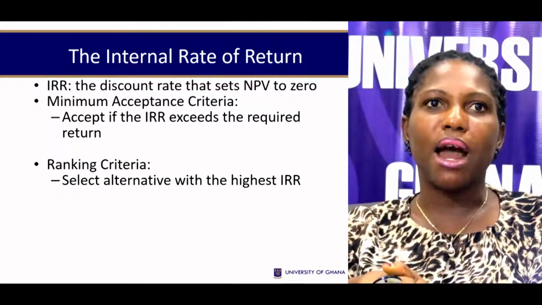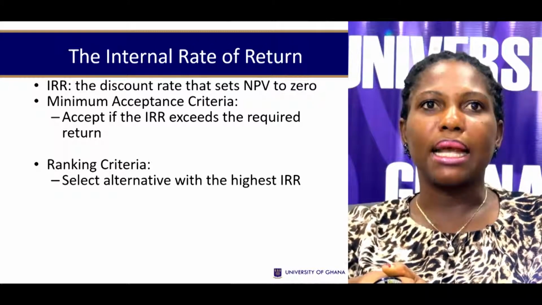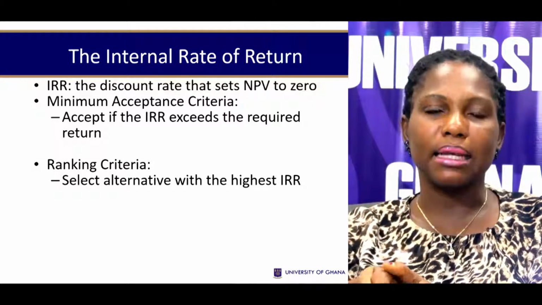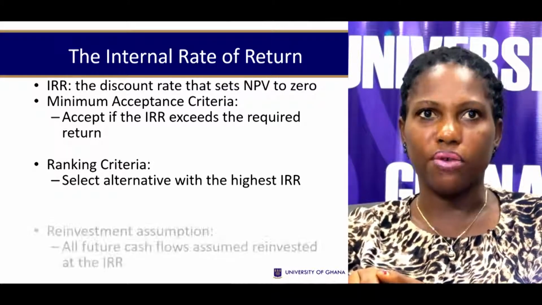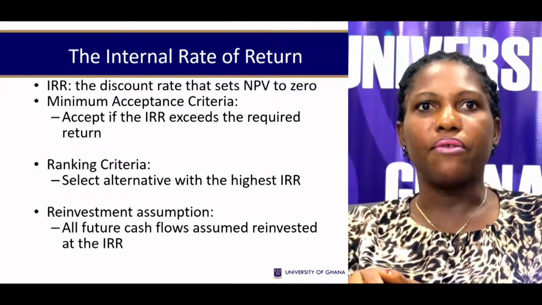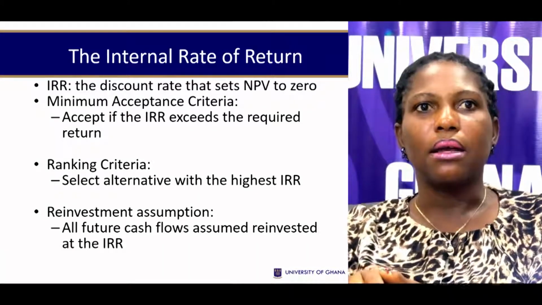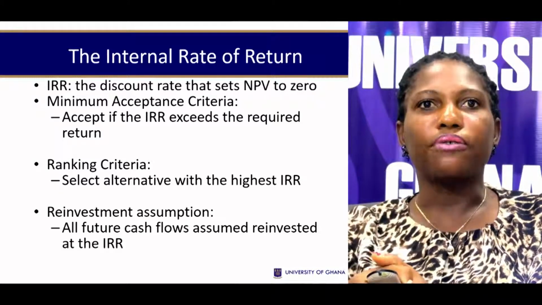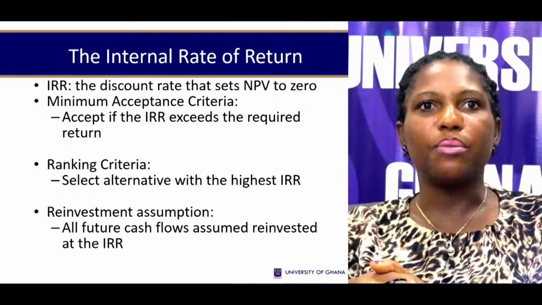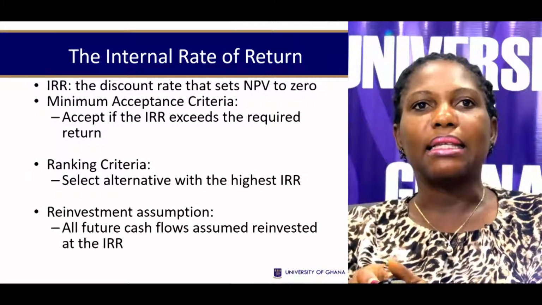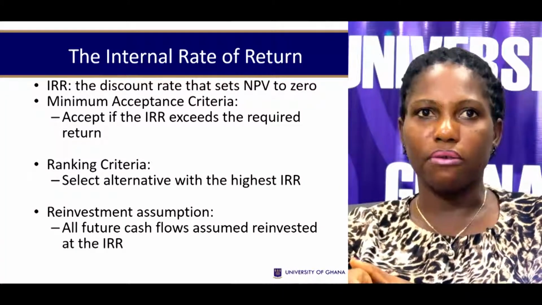And when it comes to ranking, we normally select the alternative with the highest internal rate of return. Now, the reinvestment assumption concludes that all future cash flows can be reinvested at the internal rate of return.